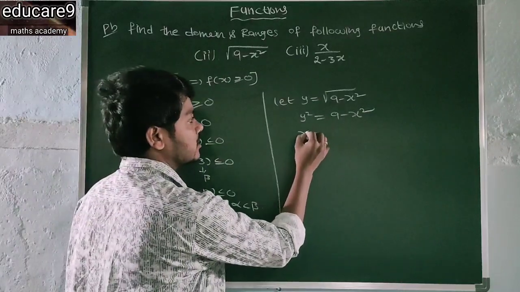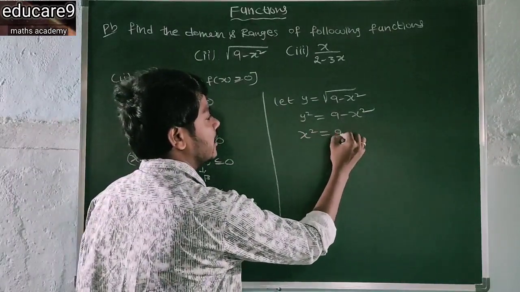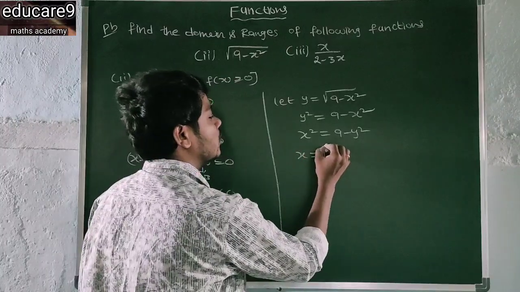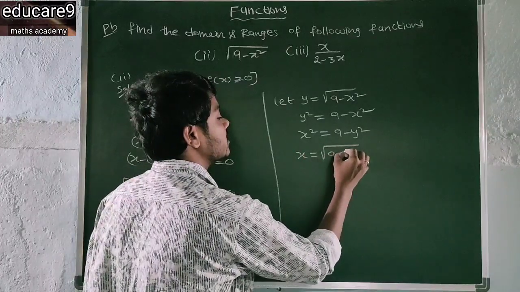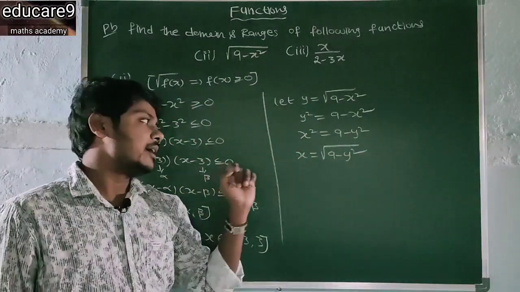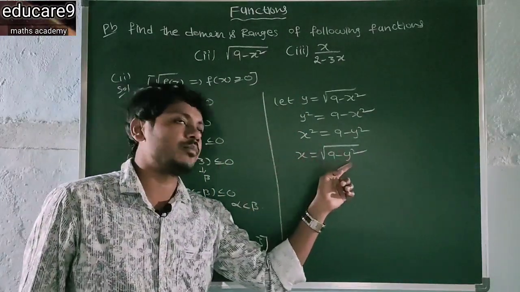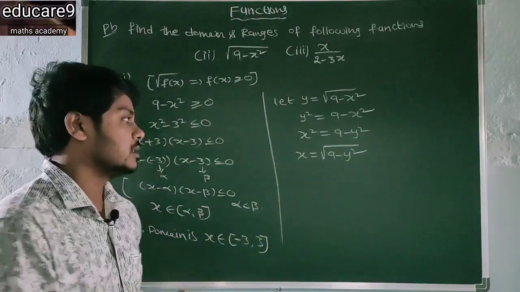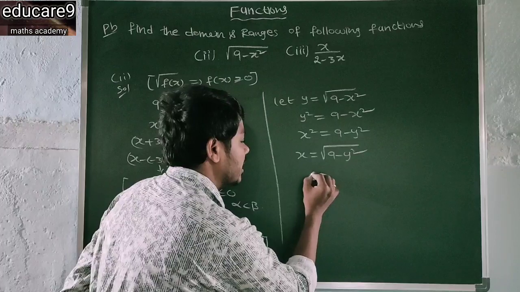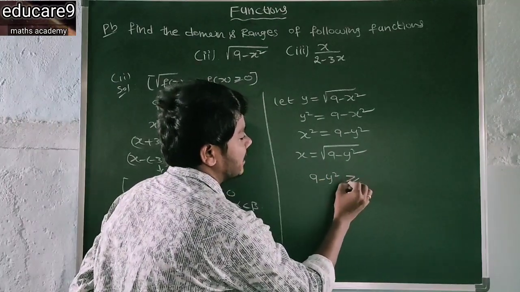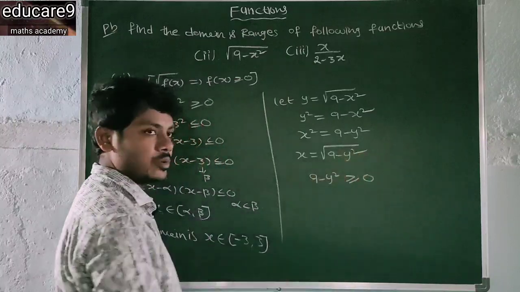Now x square is equal to 9 minus y square. x is equal to root of 9 minus y square. So let the given function be y, write the x value in terms of y and apply the domain conditions. See here, 9 minus y square is always greater than or equal to 0.